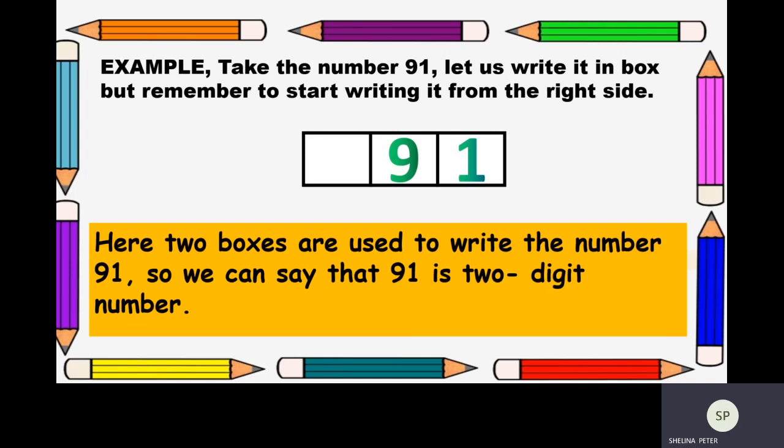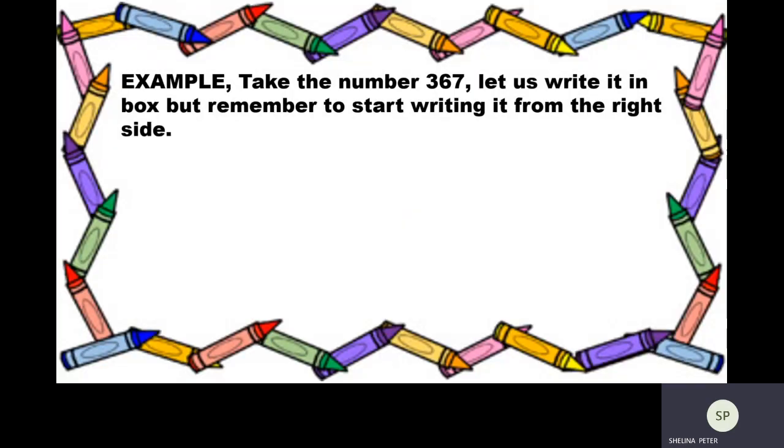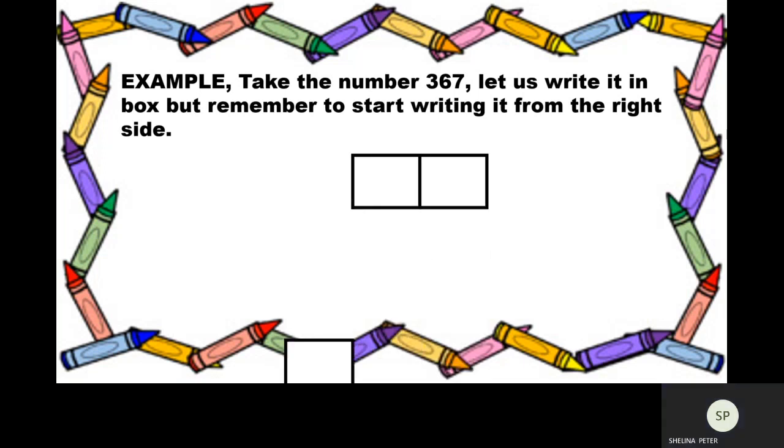Now let us take one more example. Take the number 367. Let us write it in the box, but remember to start writing it from the right side. So we have 3 boxes again. Let us write 367 beginning from the right hand side.